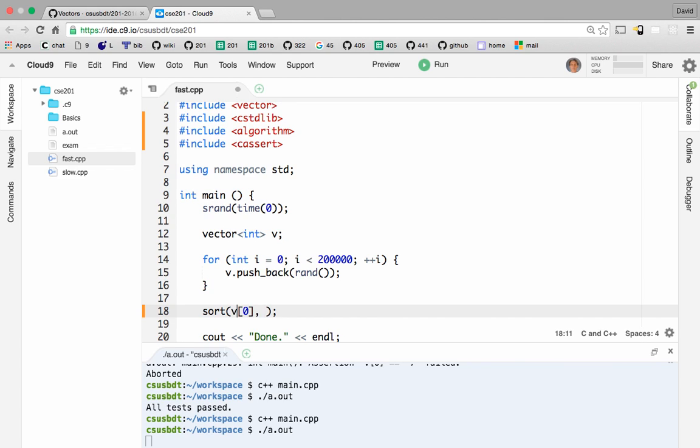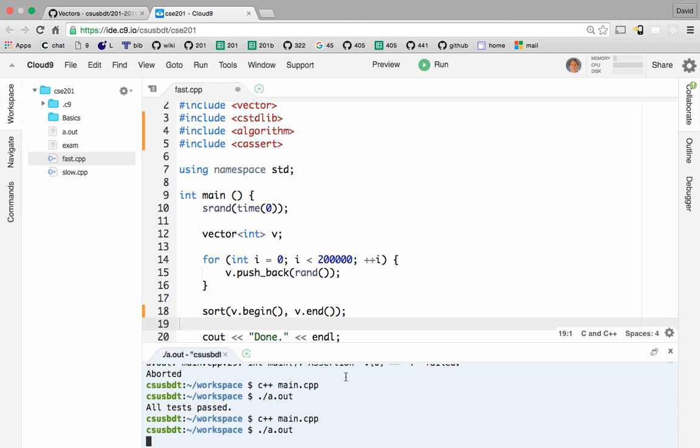I can't remember now. It takes a reference, right? So this is v.begin and v.end. So you want to sort from the beginning of v to the end of v.